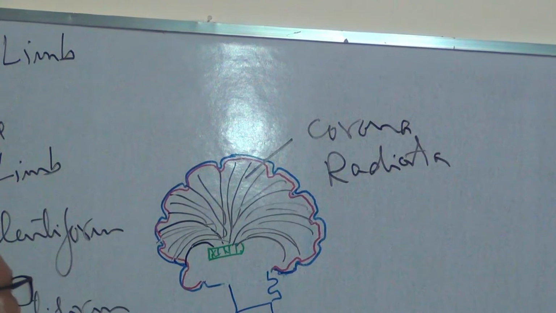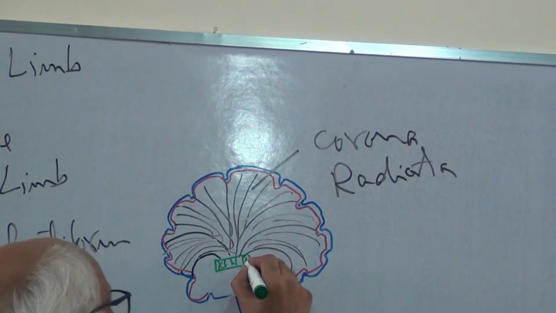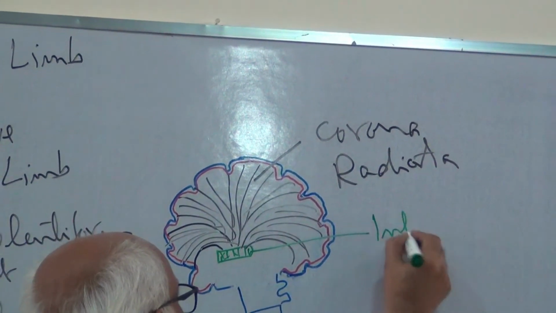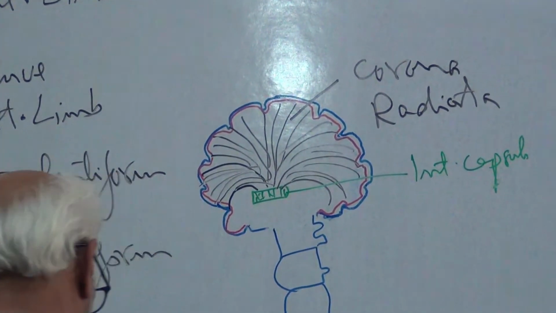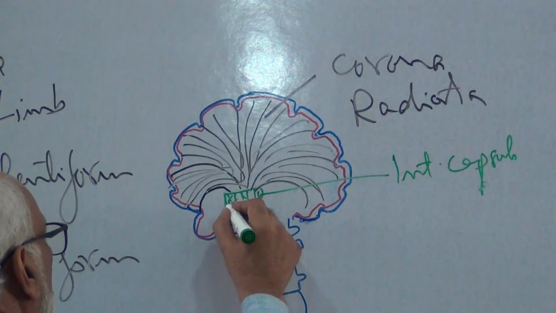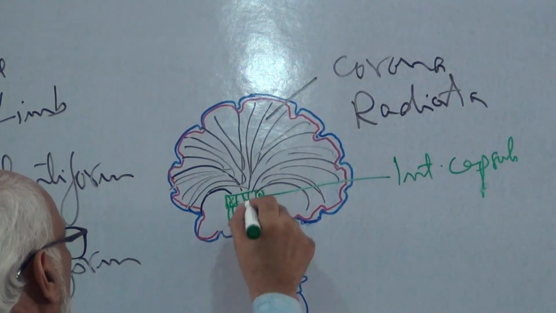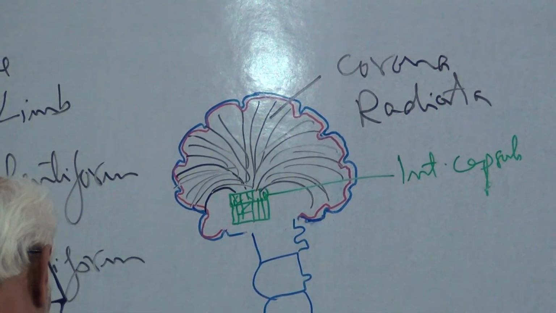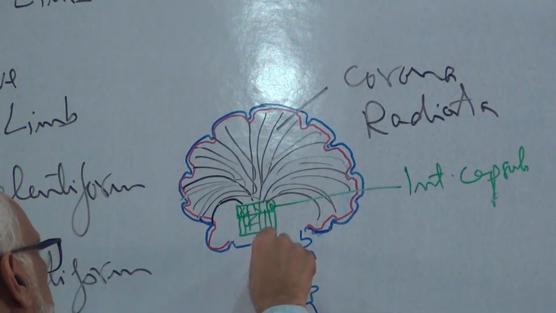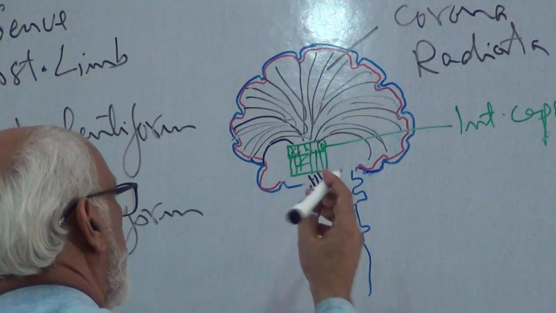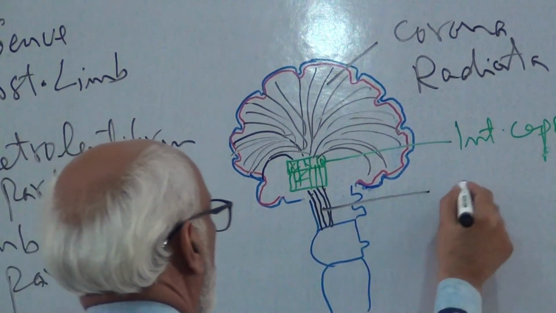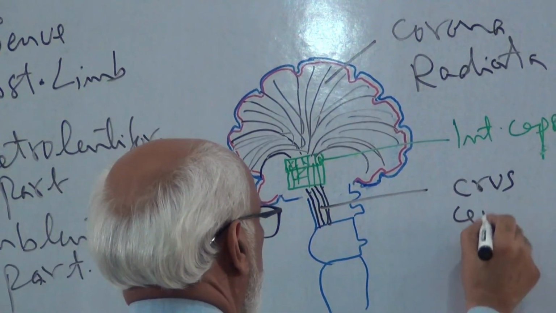These fibers then pass through internal capsule. And from the internal capsule, these fibers pass through the ventral part of the midbrain, crus cerebri.